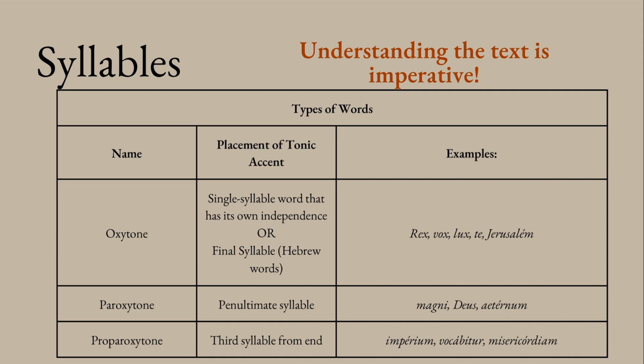And on that word Eternum, we have one pretonic syllable, e. Then we have the tonic accent, ter. And then you have your final syllable, num. And then we have a proparoxytone. I know that's a mouthful. All that means is that your tonic accent is the third syllable from the end. Imperium, vocabitur, misericordiam.